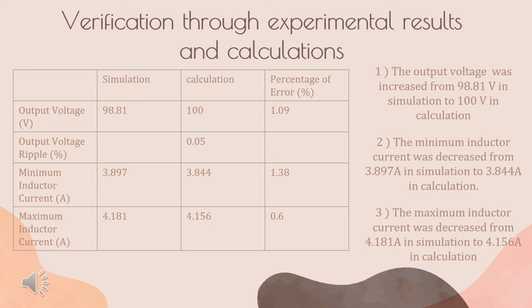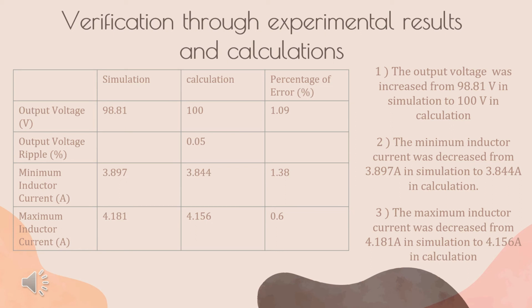In the first row, for output voltage, in simulation the output voltage is 98.81 volt, but in calculation we got 100 volt. We also measure the percentage of error, which for output voltage is 1.09%.